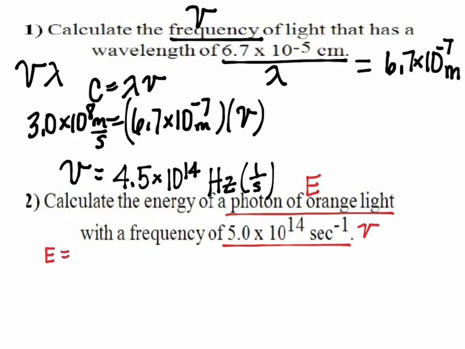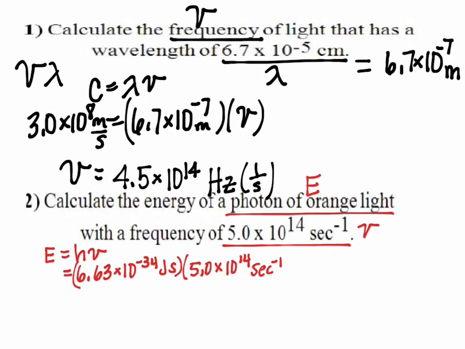So E is equal to Planck's constant times nu. Planck's constant is 6.63 times 10 to the negative 34 joule seconds. Nu is 5.0 times 10 to the 14th seconds to the negative 1.